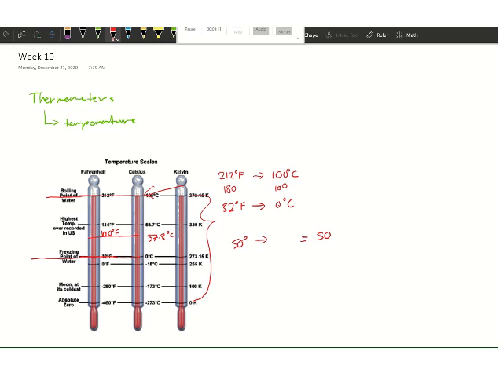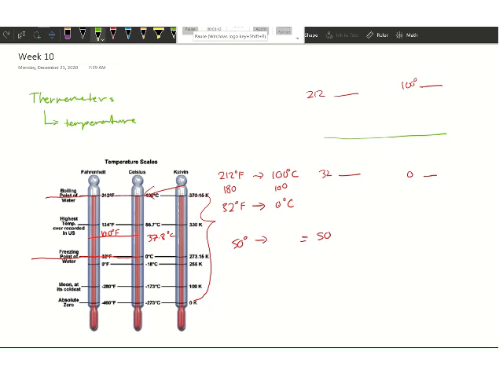So that 50 is actually part of the gap from 32 to 212, which is 180. This is 32, this is 212, this is 0, and this is 100 degrees. This 50 is at the same expansion point, at the same level, only that the numbers are different. So we just need to convert the numbers.